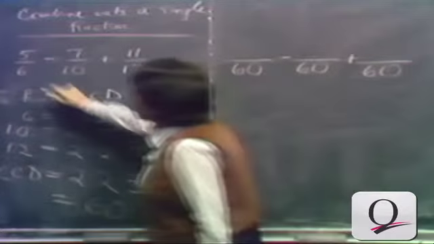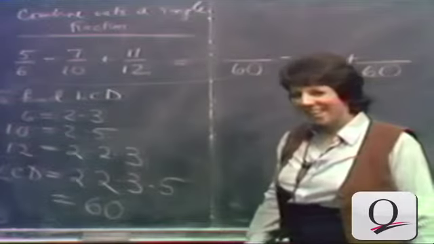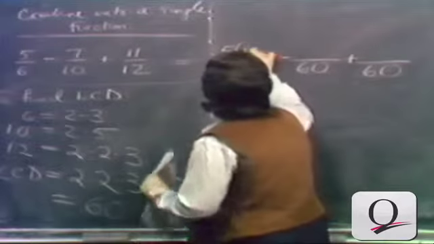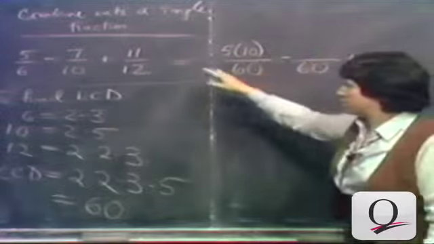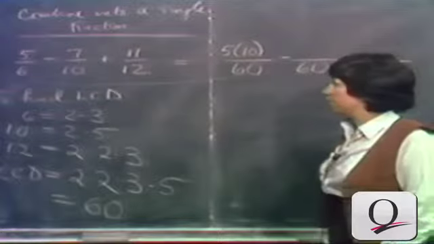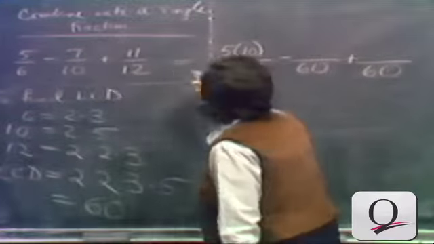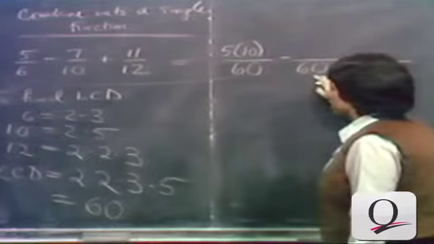So we look. How do we go from 6 to 60? We multiply the denominator by 10. Well, if you want to build an equivalent fraction, that means you've got to multiply the numerator by 10 as well. So 50/60 is equivalent to 5/6. Same thing here, how do you go from 10 to 60 as far as multiplication? You multiply the bottom by 6.